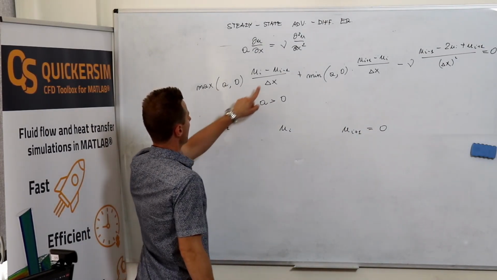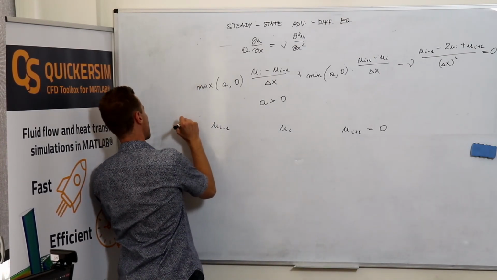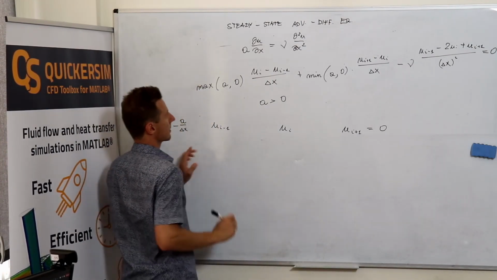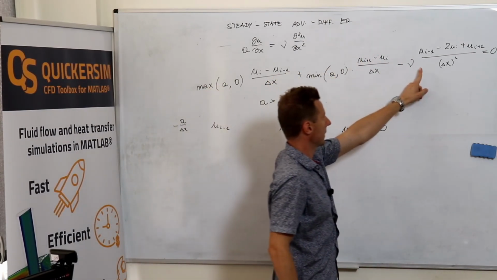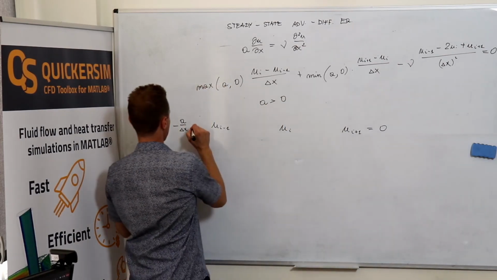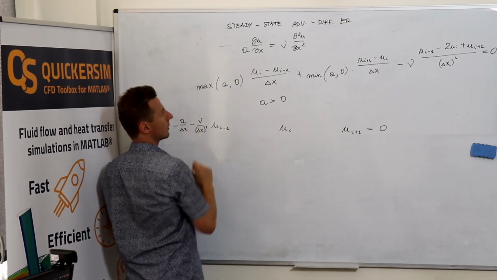u_{i-1} is multiplied by minus a divided by delta x, and minus ni divided by delta x squared.